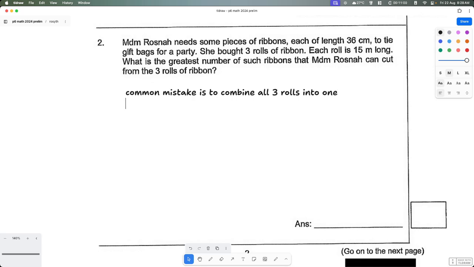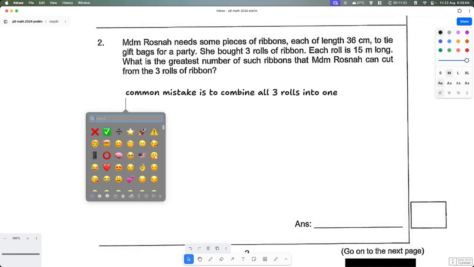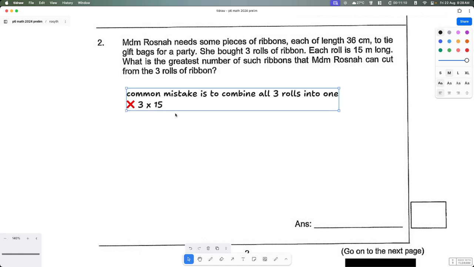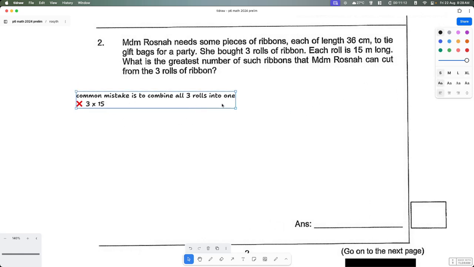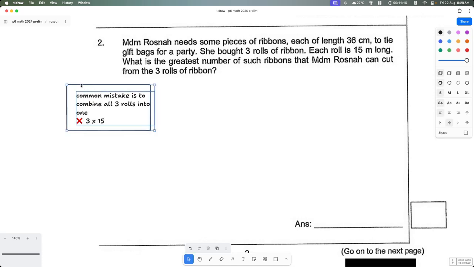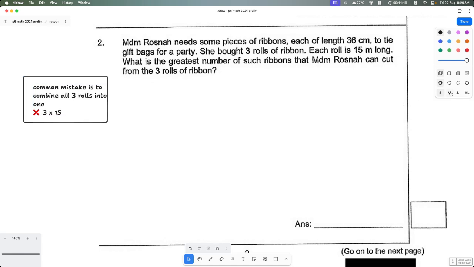So let me just make this a cross. Usually people think, oh, 3 times 15. And that's wrong. So with that said, let's do the proper way. In this case, we need to have 15 meters.